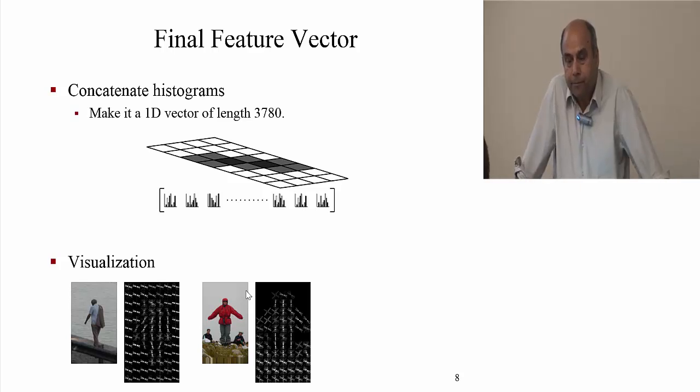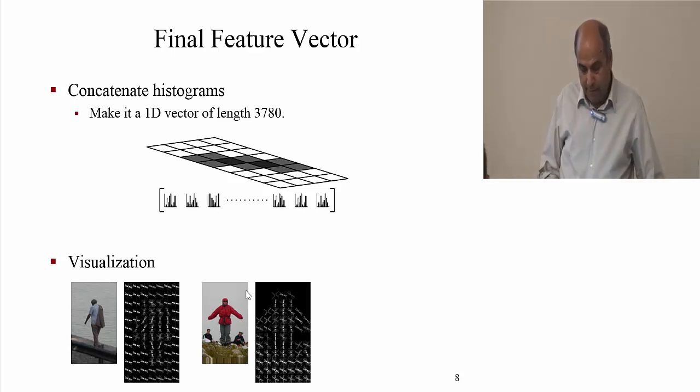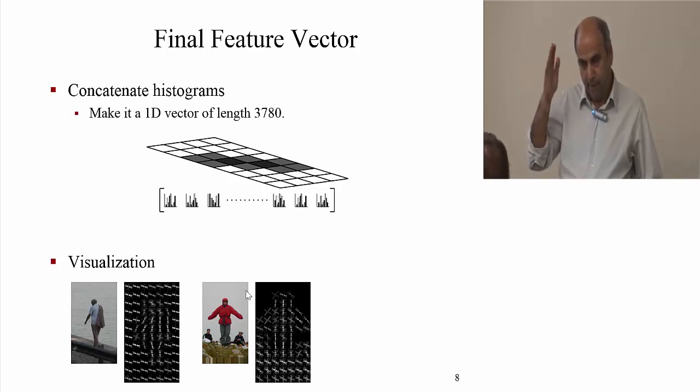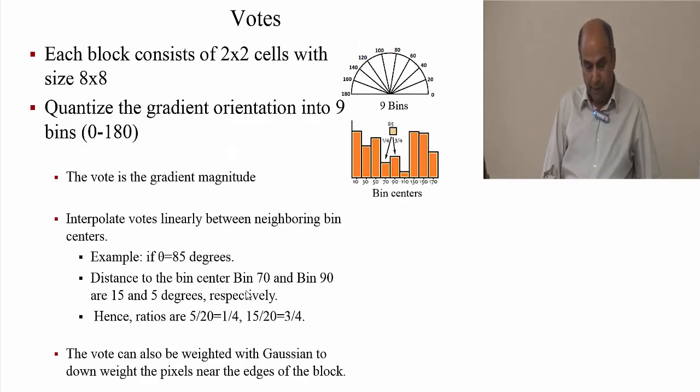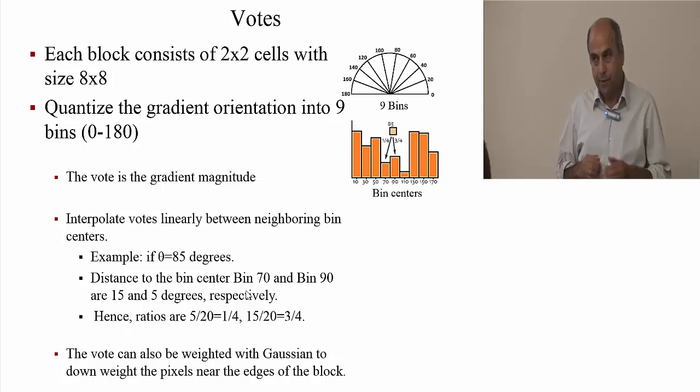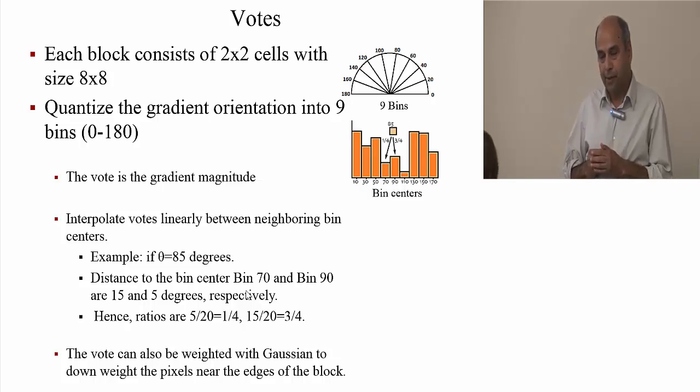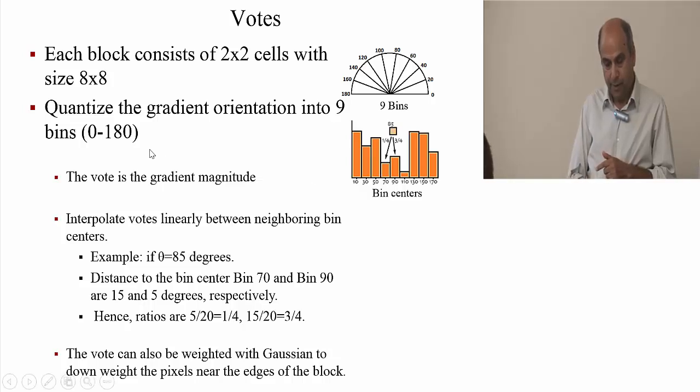What is the input for the weights? Is it color, or is it just the rate of change? No, the weight is the gradient magnitude. If you have a color image, just pick one of the channels, treat it as black and white, and compute the gradient magnitude. When you find the histogram, you quantize each orientation into these 9 bins, which are shown here.